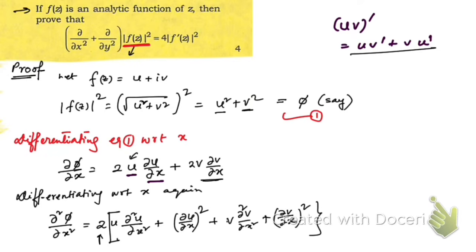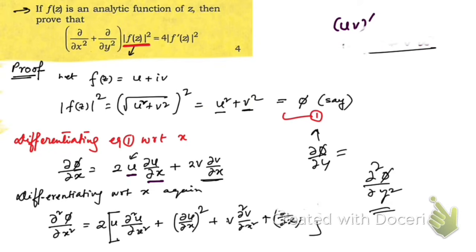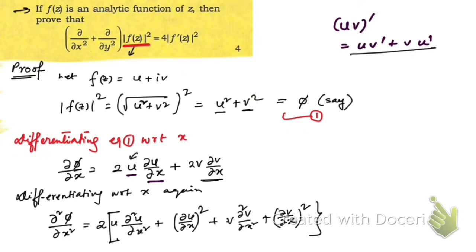Similarly we can find del phi by del y. If you differentiate equation number 1 with respect to y, and then differentiate again, you get the result. I'm not going to show that, I'm just going to write it similarly. Just pause the video and note it down.